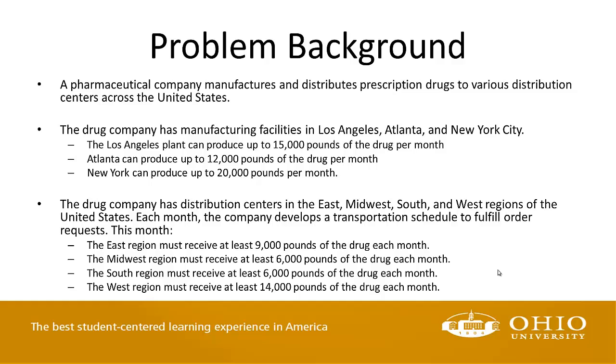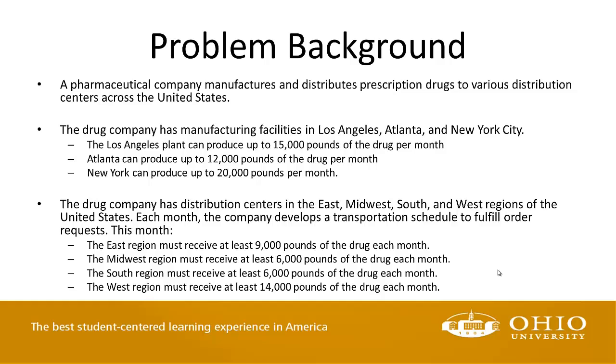The drug company has distribution centers which are just labeled as East, Midwest, South, and West regions of the United States. Each month, the company must develop a transportation schedule to fulfill this order. Basically, these regions are requesting amounts of drugs. For example, the East region must receive at least 9,000.